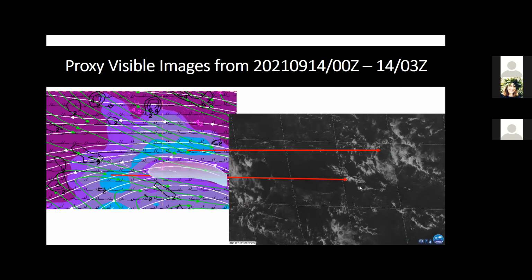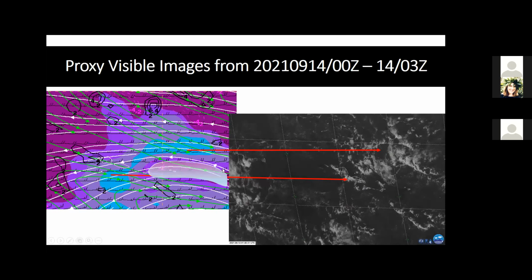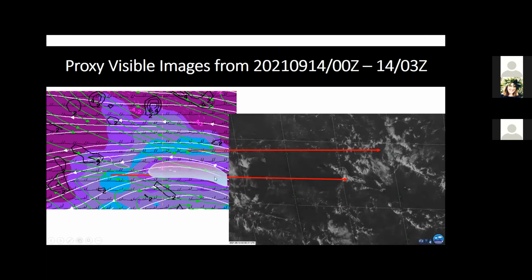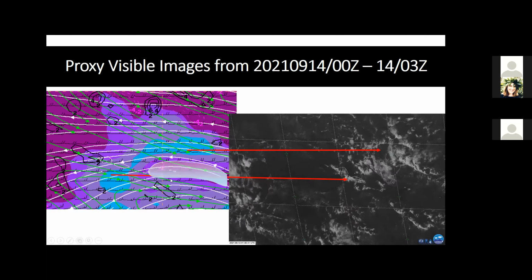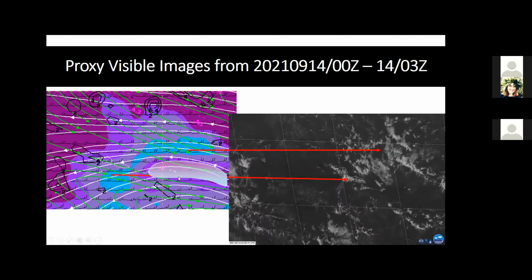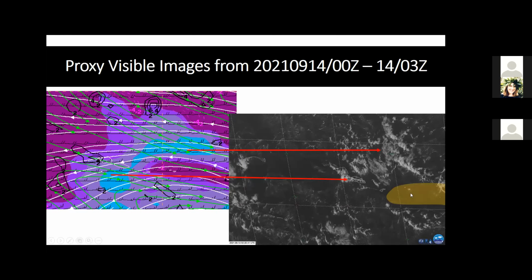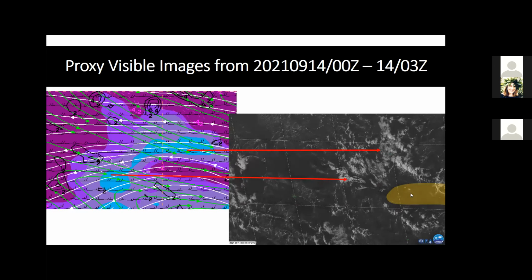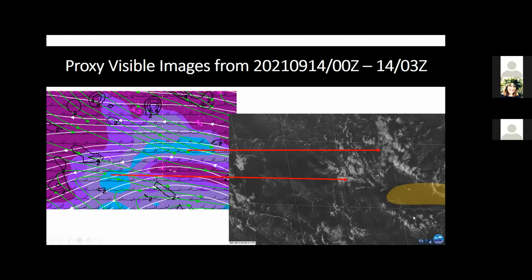But something very interesting, notice this area, this wedge of convectively stable air that is approaching from the east. Notice that that wedge is really well defined and is being reflected in the satellite image. So it's showing an area of stability separating two air masses of more unstable air.